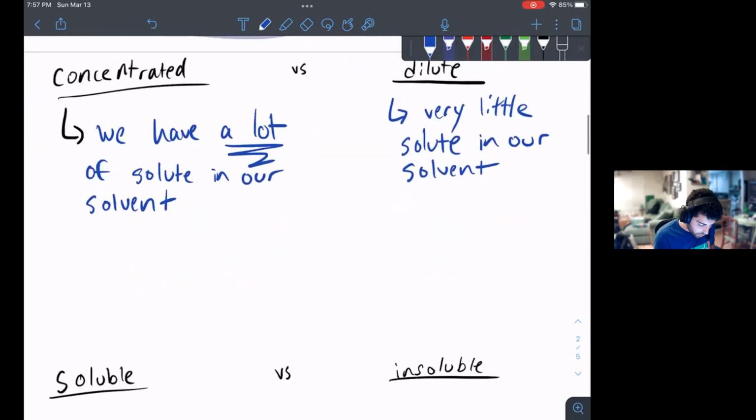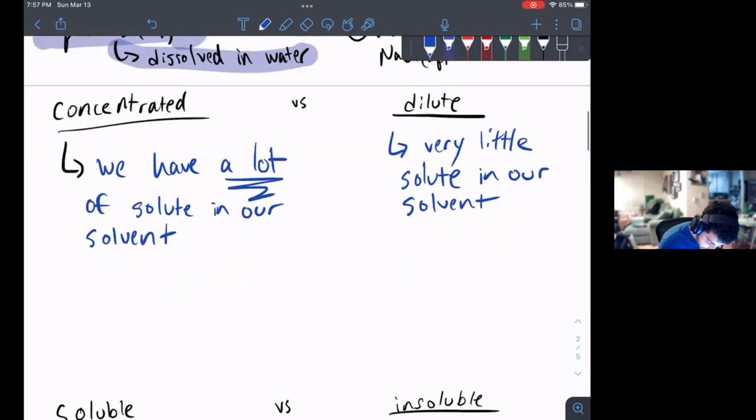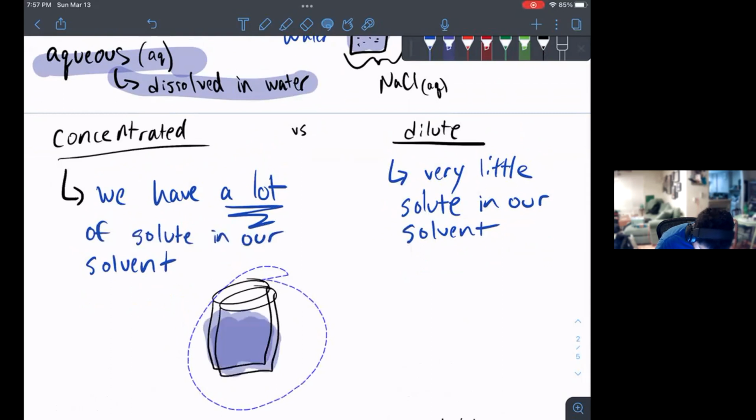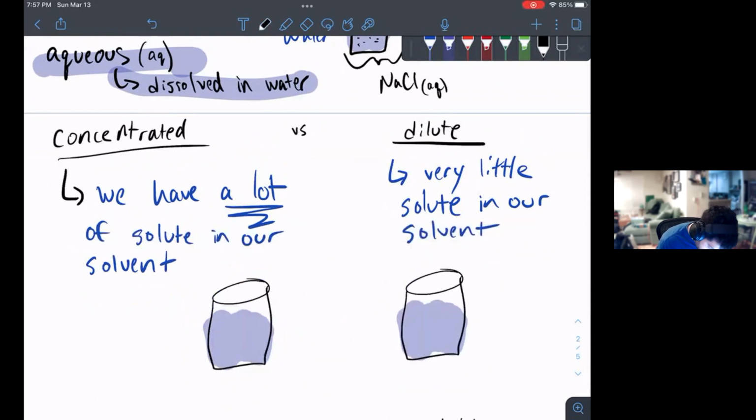So we can just really quickly look at this in an example. I'm going to make 2 beakers of water. Concentrated would look like this, just putting a whole bunch of solute.